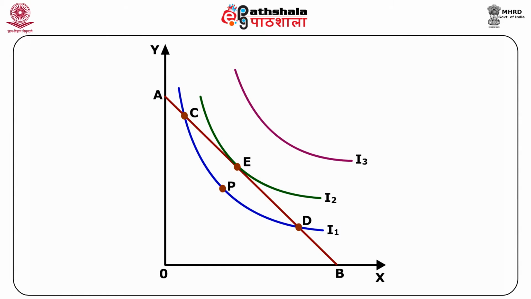the consumer will maximize his satisfaction at a point, equilibrium point E, at which the budget line is tangent to the indifference curve I2. Further, the budget line can be tangent to only one indifference curve. At this tangency point E, the slope of the budget line AB is equal to the slope of the indifference curve I2.